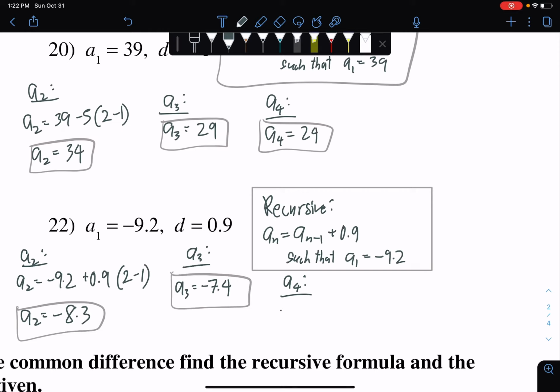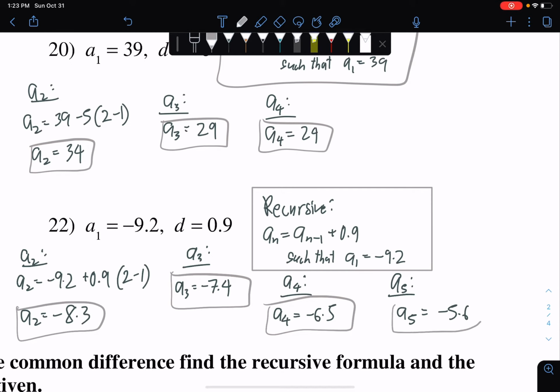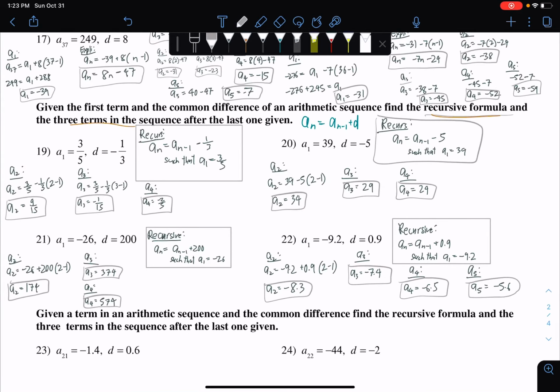So our a sub 4 is equal to negative 6.5. For our a sub 5, 5 minus 1 is 4. Our answer would be negative 5.6. Never really learned my lesson.